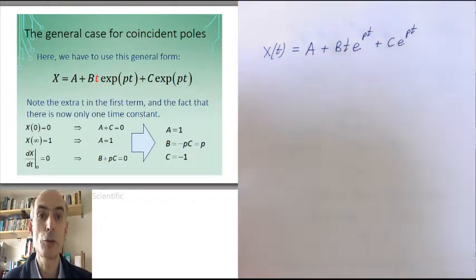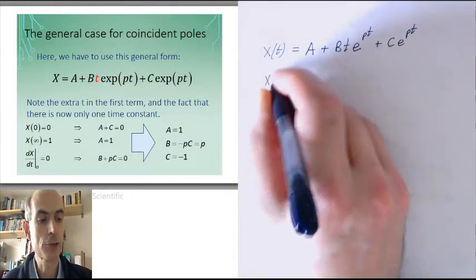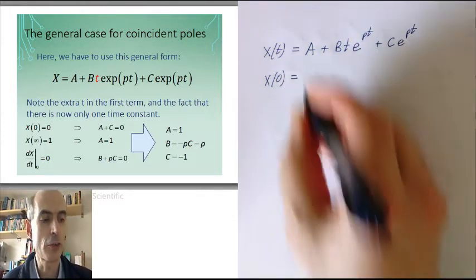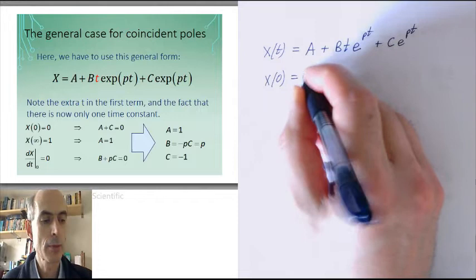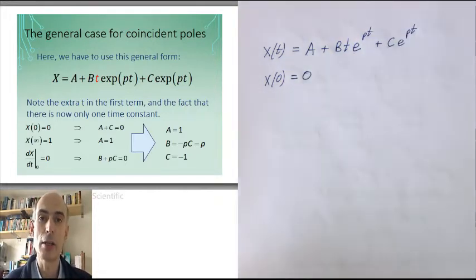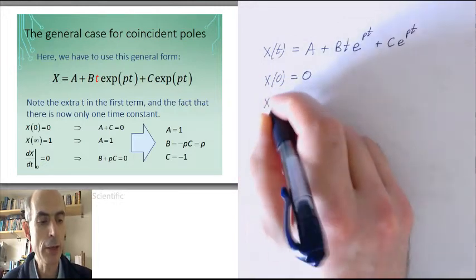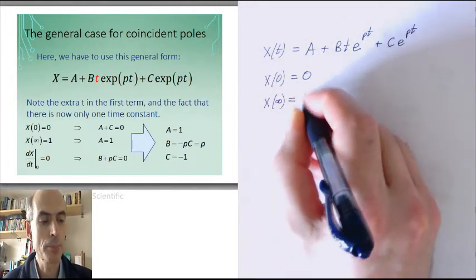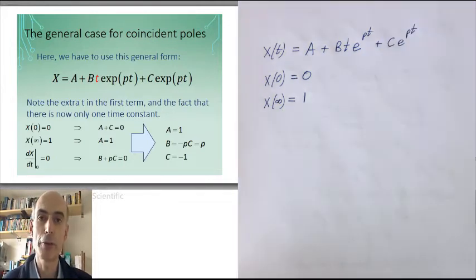The initial value theorem tells us that x at 0, the initial value of x is 0. And that just comes from evaluating the frequency response at infinite frequency. And the final value of the step response is 1. That comes from the final value theorem, evaluating the frequency response at DC, at 0 Hz.